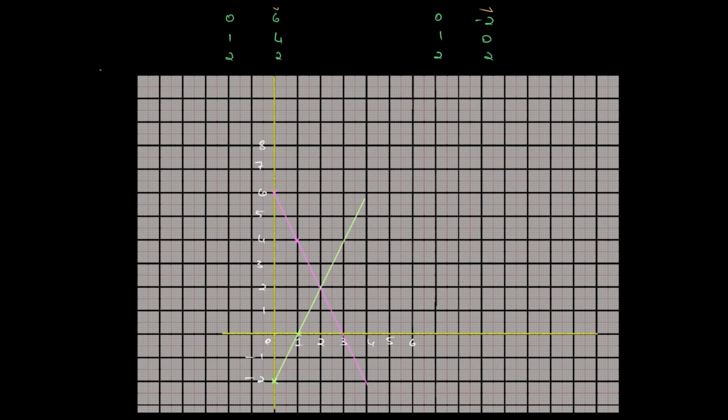Okay, so very clear cut answer. Answer is 2, 2. That's our solution. And we have this to be Y, this to be X, this to be X dash, Y dash.